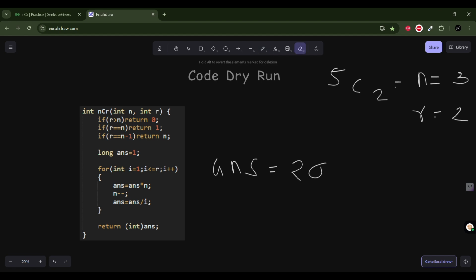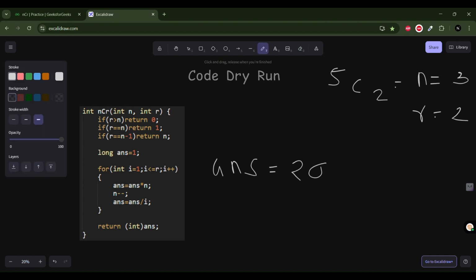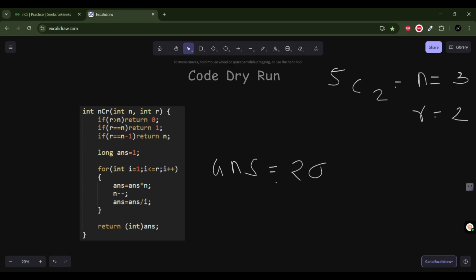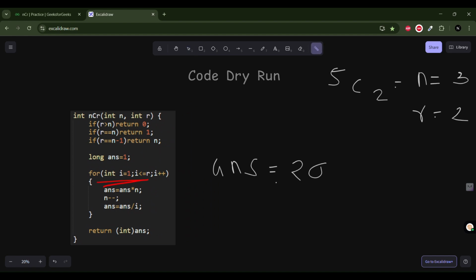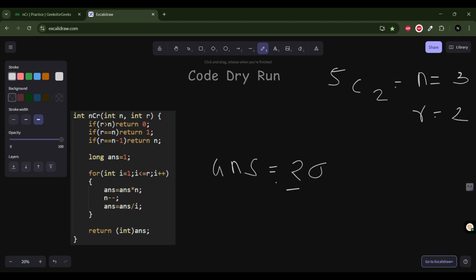After that we are dividing the answer by i. i is 2 here, so we divide 20 by 2 and it becomes 10.